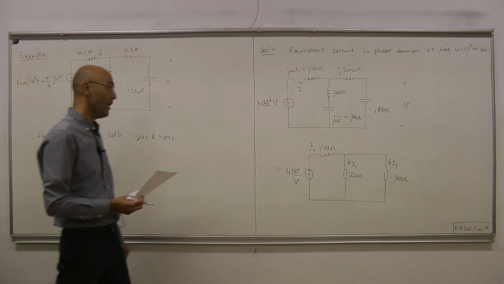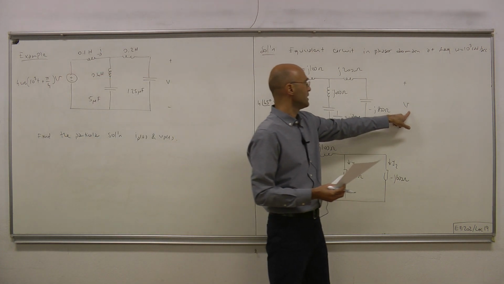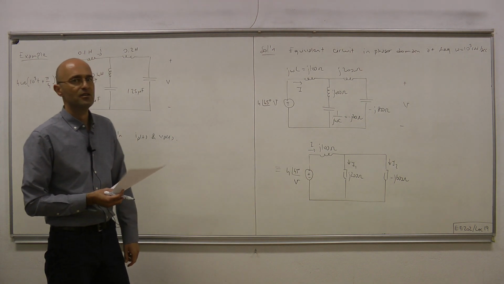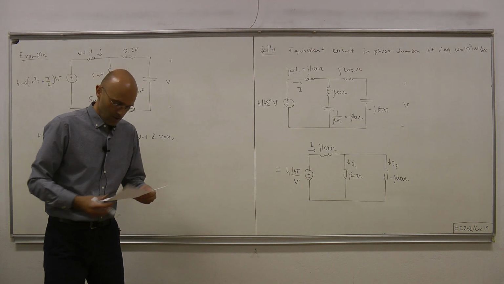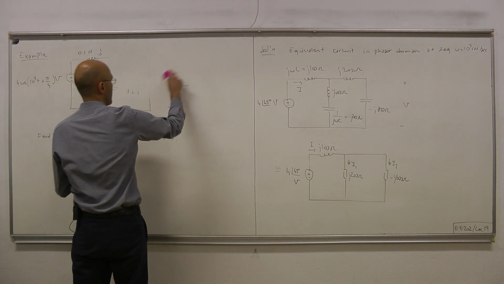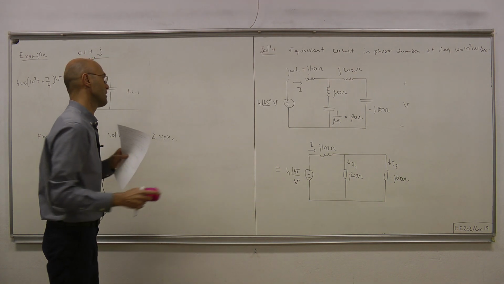Okay, and once we have I2, this V simply is I2 times the impedance, which is minus J800 ohms. Okay, so let's move one step further and combine these two impedances into a single one.